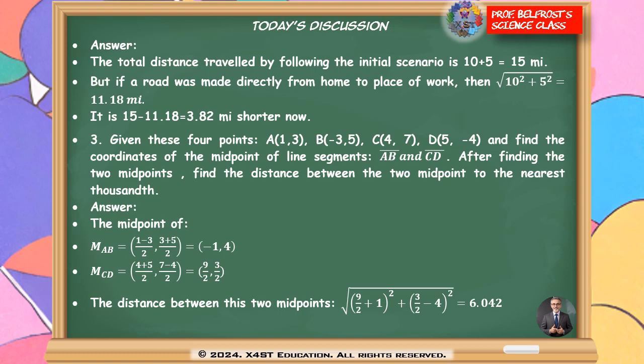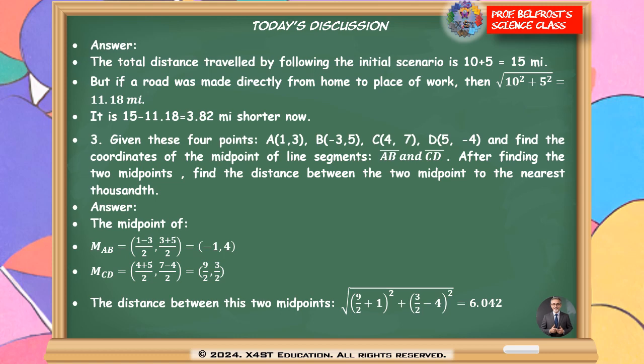The distance between these two midpoints is easy to calculate using the distance equation or the Pythagorean theorem: c squared equals a squared plus b squared, so c equals the square root of a squared plus b squared. I get 6.042 to the nearest thousandth.